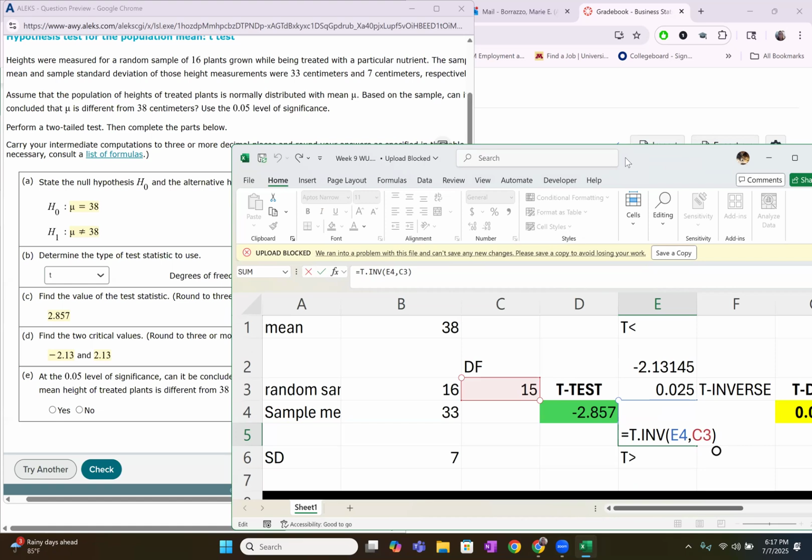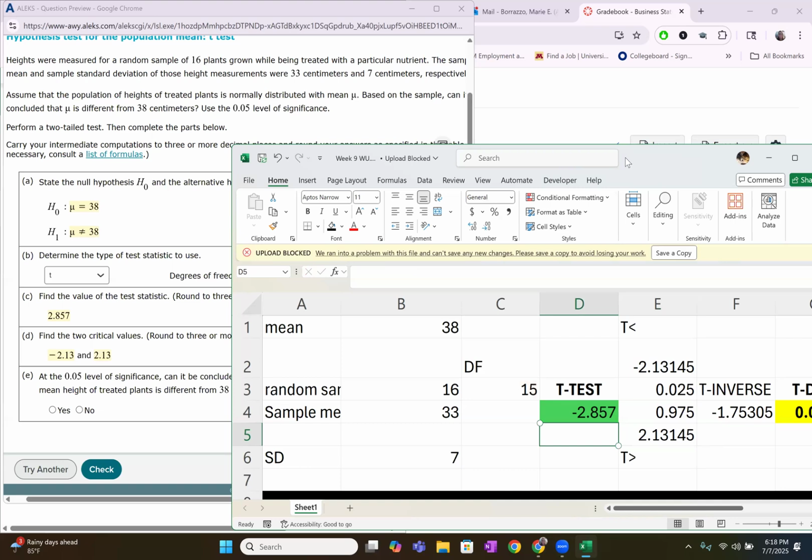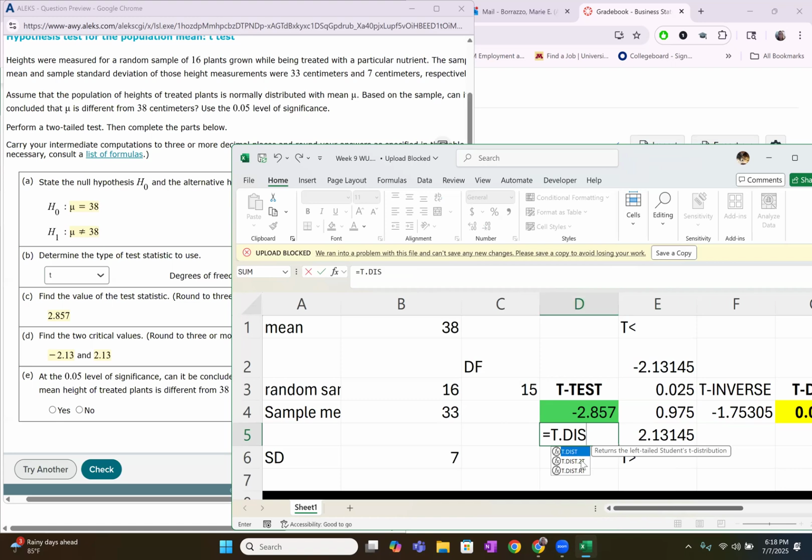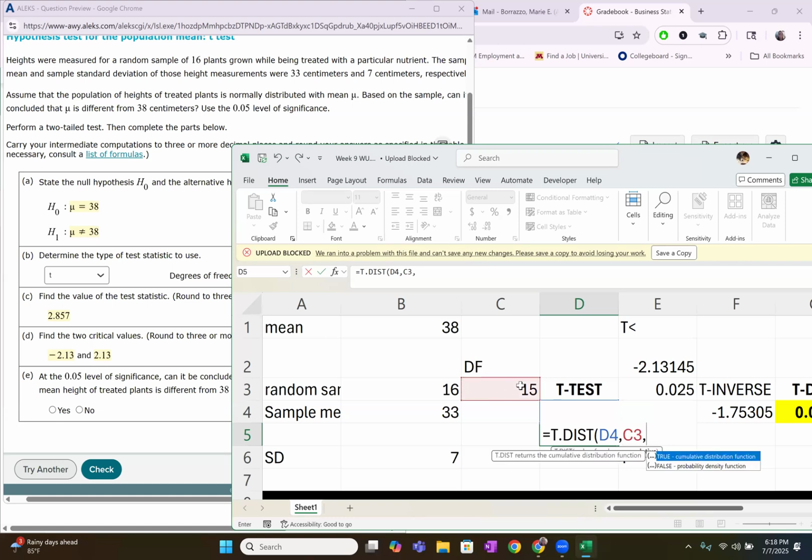The rule of thumb is if p is less than alpha, we reject the null. Alpha is going to be 0.025. What is the p-value going to be if I do the distribution? If I say equals T.DIST, I want to select the t-score, we're going to get the t value and the degrees of freedom, and then we're going to say yes, it's true.